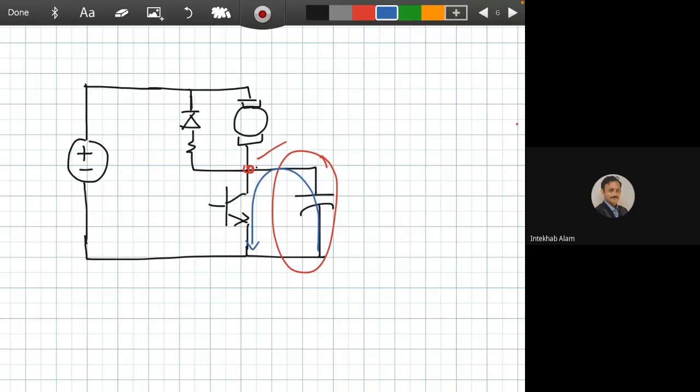So it is a short path for the capacitor. We are using a capacitor to protect the switch from dVdt, and whenever we switch on the BJT, the capacitor actually burns the switch. So is it acceptable?